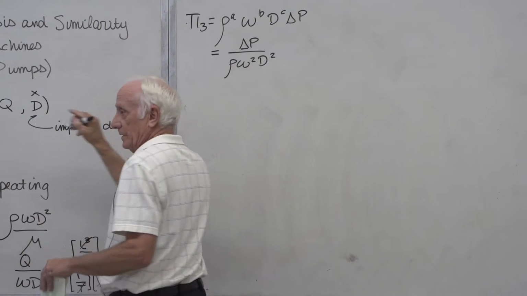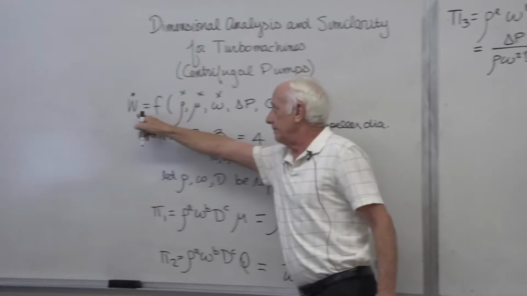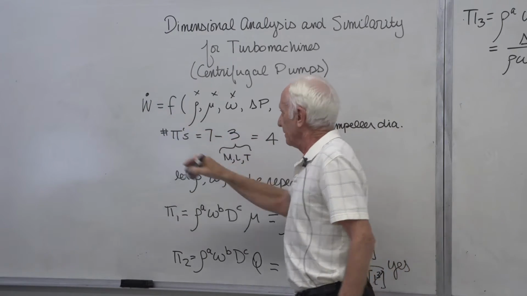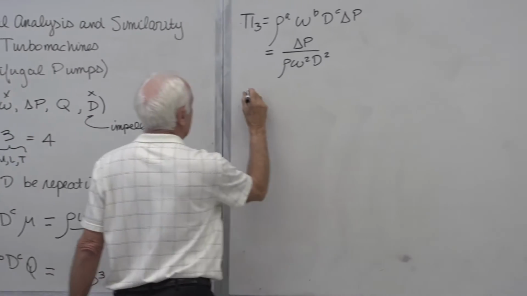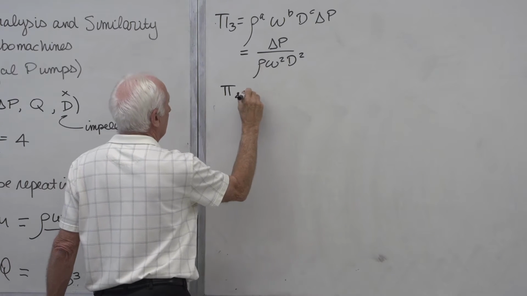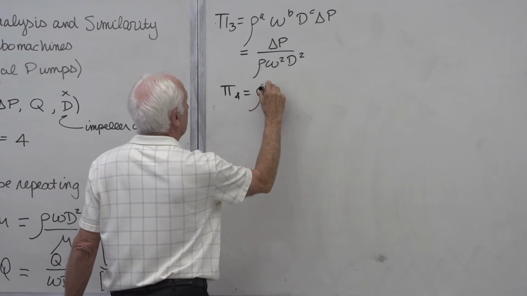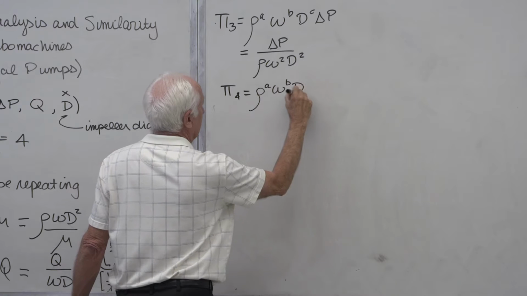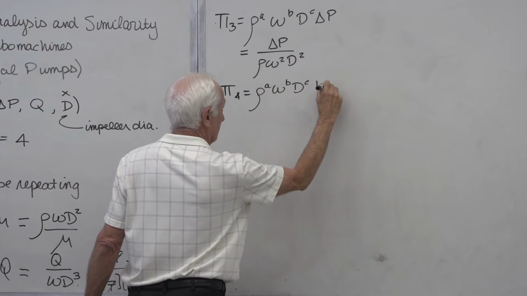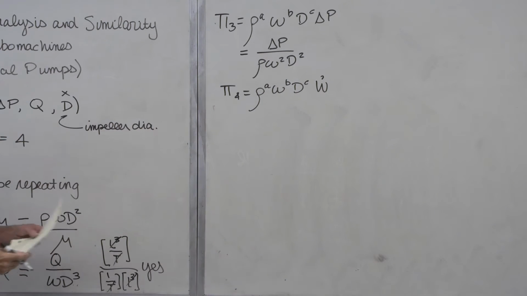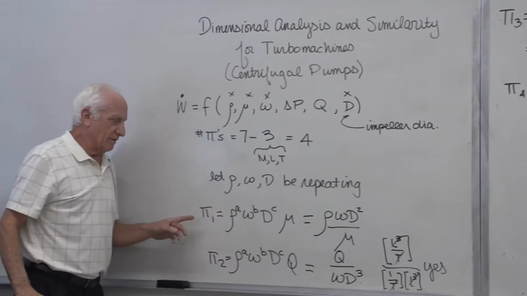Then the last one, we put the left-hand side dependent variable, the power into the pump, W dot, pi 4. Rho to the A, omega to the B, D to the C, times the power into the pump. Notice we use the repeating variables in every pi parameter.